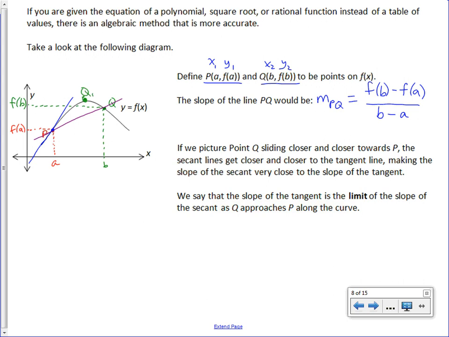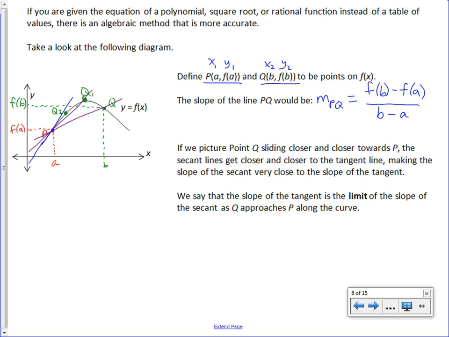If I now drew the secant from P to the new Q, it's still a secant, but is it a better estimate of the blue tangent? It's getting closer. It's getting steeper. Still not going to have the same slope as the blue, but it's a better estimate than it was when we used the original Q. And what would happen if I moved the Q to now be there?